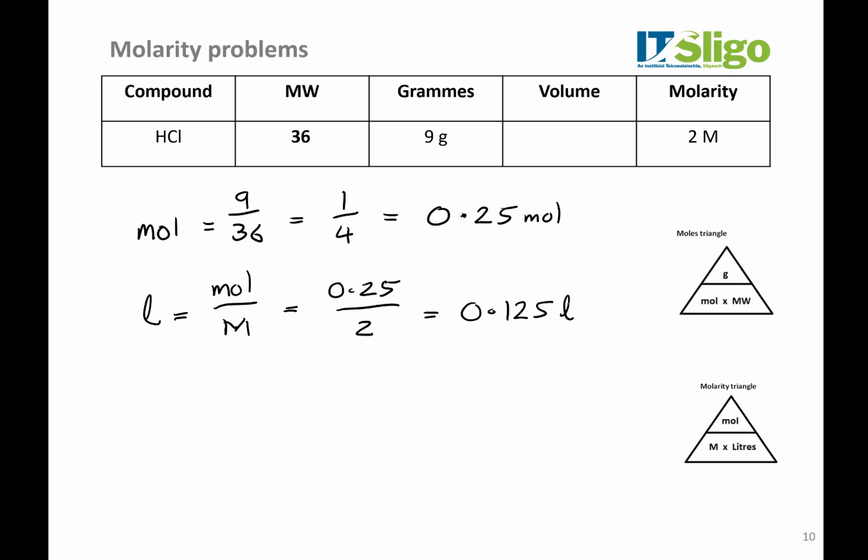We try not to use a value less than 1 with measurements. So we bring it down to the next available prefix, which is milli. So the correct way really to write our answer is 125 milliliters. We don't like this value here, guys, being less than 1. So that's why we drop down to the next available prefix.